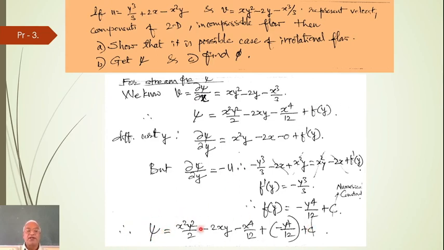If I write psi equal to x squared plus y squared by 2 minus 2xy minus x raised to 4 by 12 plus, here we have just put f of y arbitrarily, but we have concluded f of y as minus y raised to 4 by 12. If I substitute that, plus c taken as 0, this becomes the expression for psi.